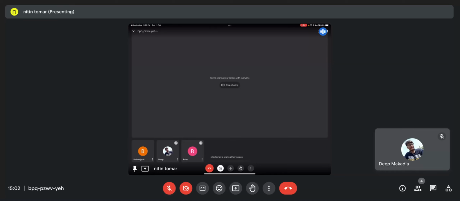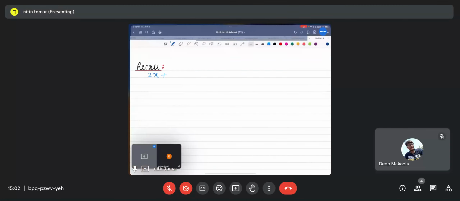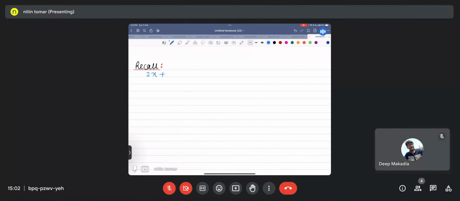Taking care of all other external factors, sometimes you forget the most important one, which is sharing the screen. Now is it visible? Okay. So let us have 2x plus 2y equal to 4 and x plus 3y equal to 4.